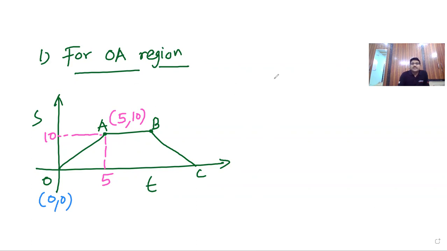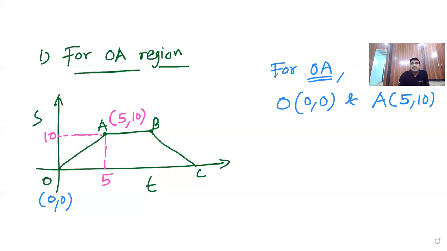So for the OA region, the coordinates of O, the origin, are 0, 0, and the coordinates of A are x coordinate 5, y coordinate 10.